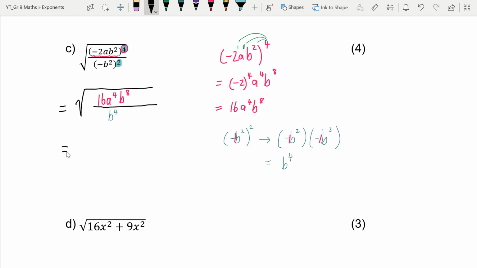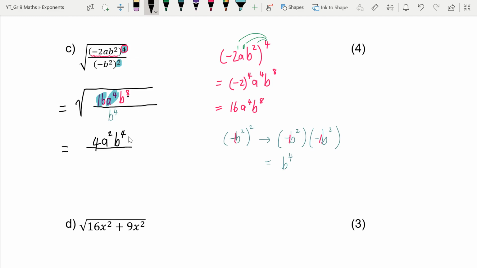Now we can get the square root. And we can get the square root of all of those separately. The square root of our 16 would be 4. The square root of a to the power of 4 would be a squared, and then b to the power of 8 would be b to the power of 4, because we just halve that, right?